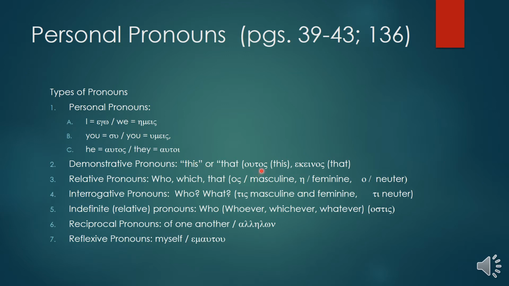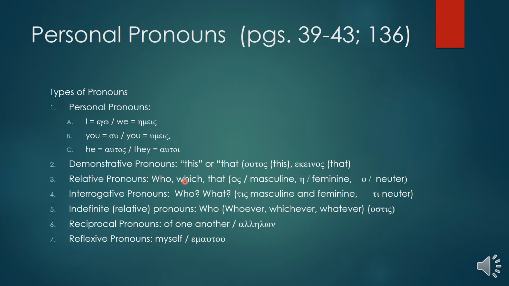The Greek word for this is houtos, and it'll have its own declension we'll talk about later. And ekeinos is that. Then we have the relative pronouns. These pronouns relate, so they normally introduce clauses. The man who ate the apple. The apple which fell from the tree. The apple that fell from the tree.